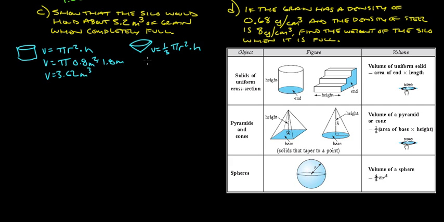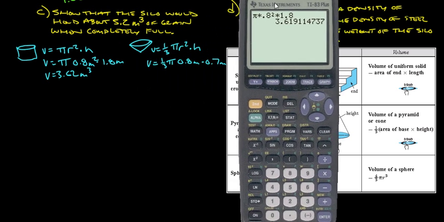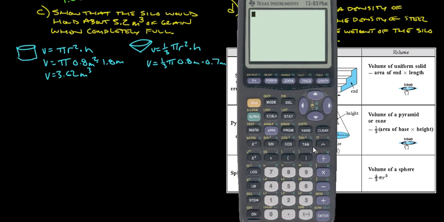Okay, so volume equals 1/3 of pi, and again we remember that the radius is 0.8, and then the height was 0.7 meters, if you'll remember that. That's actually what question A was asking us to do, is show that the height was 70 centimeters, which is 0.7 meters.